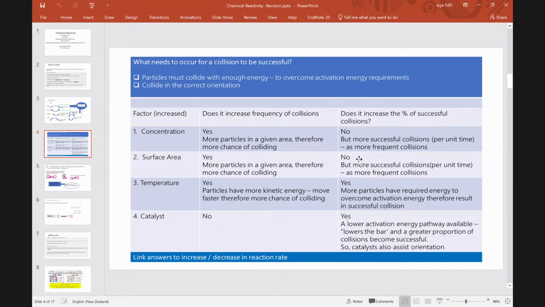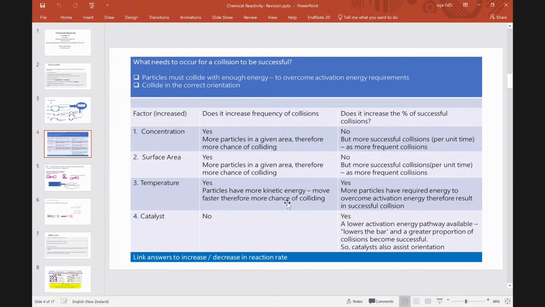If the surface area is not increased, does it increase the percentage of successful collisions? No, but there are more successful collisions per unit time as more frequent collisions. If the surface area hasn't increased, the same thing.